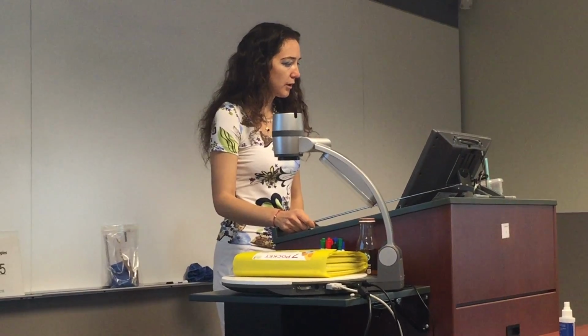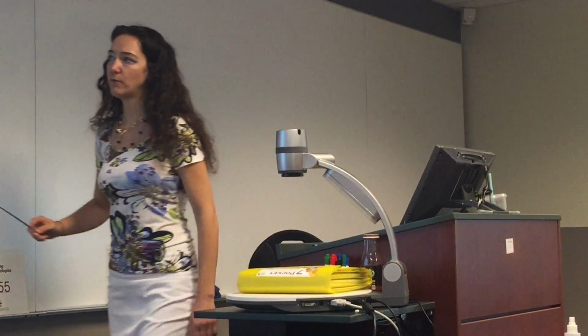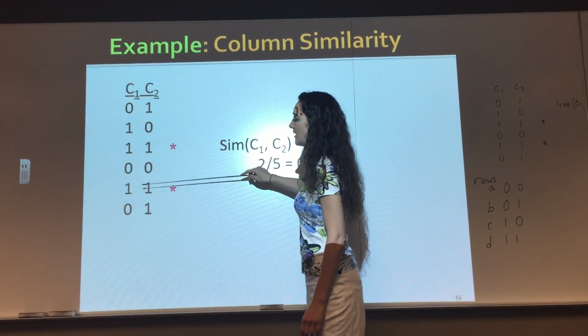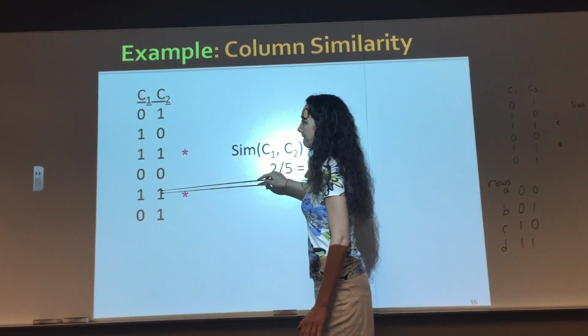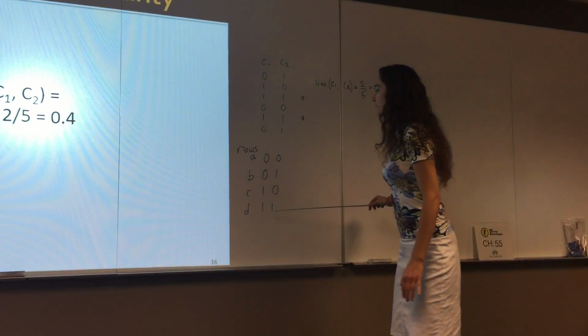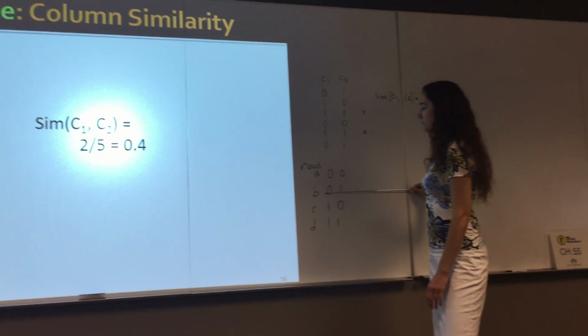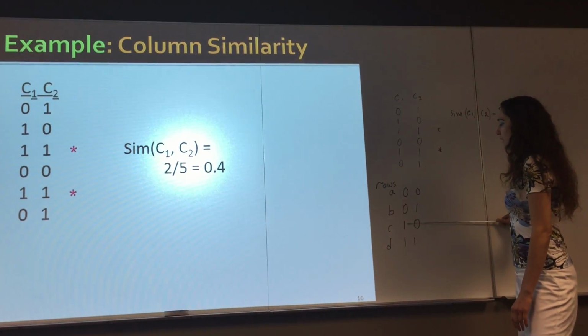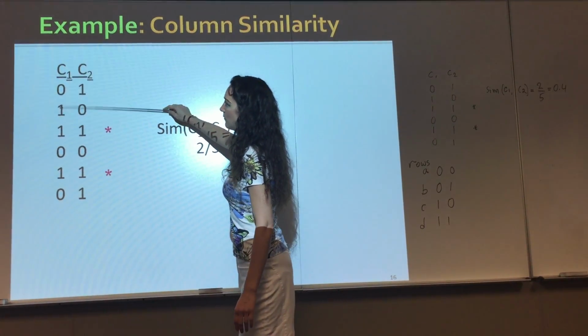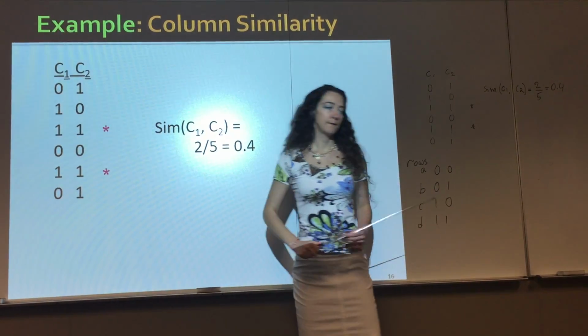Those are the ones where both have a 1, the rows of type D. If we consider rows of type B and C, where it's either 0, 1 or 1, 0, then we will see that we have 1, 2, 3 of those.